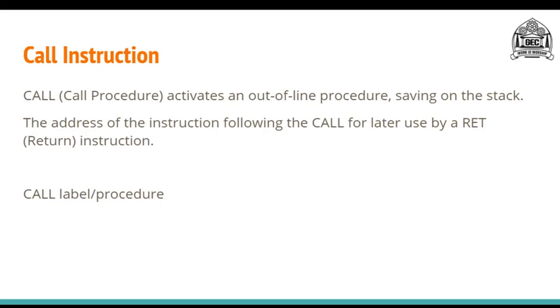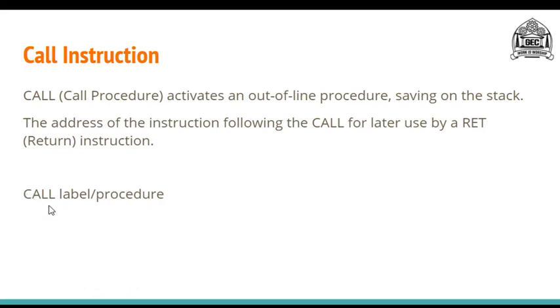The call instruction activates the out of line procedure. And when it activates this out of line procedure, it saves on the stack the address of the line which is just following that call instruction, so that whenever return is called, it can use that particular address. Your call is specified using this syntax in your assembly language program.